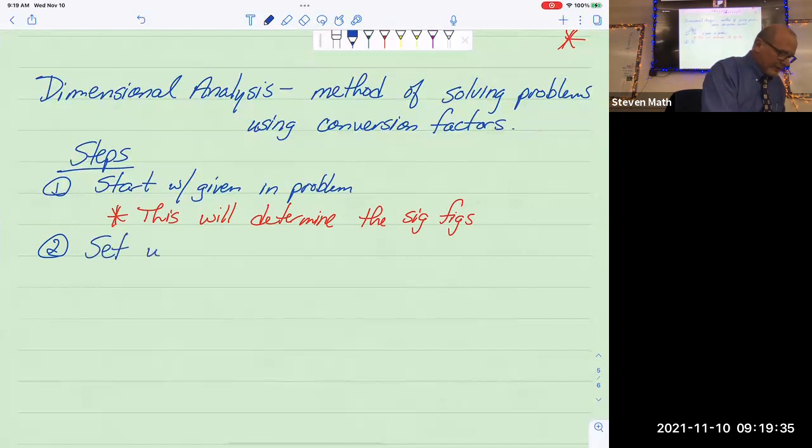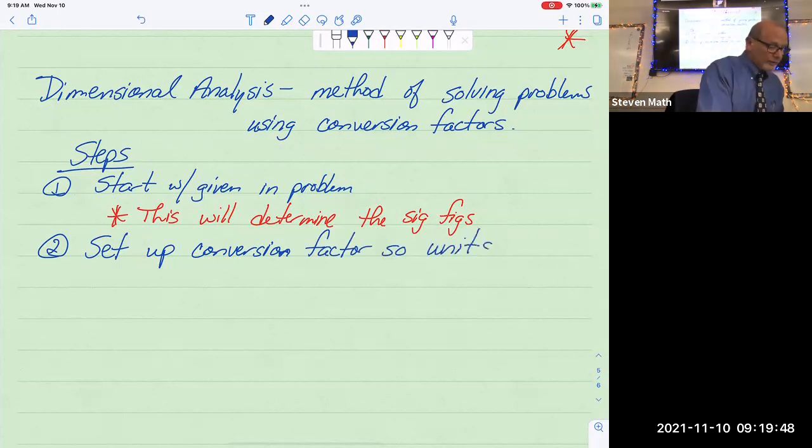2. Set up your conversion factor. So your units, I'm huge on units. Your units are going to cancel on the diagonal.